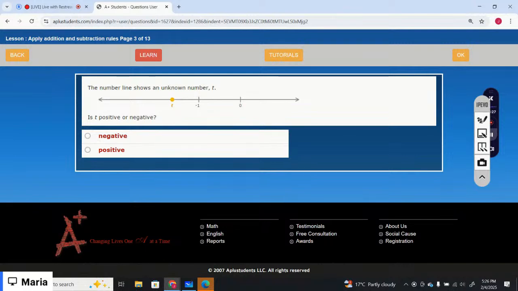The number line shows an unknown number T. Is T positive or negative?